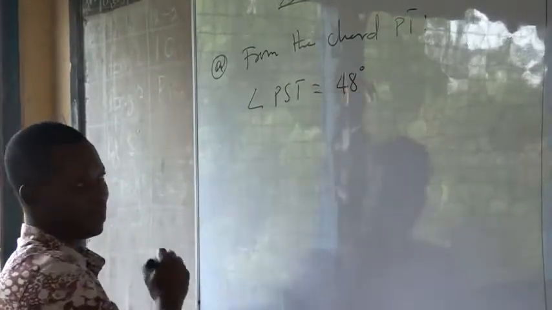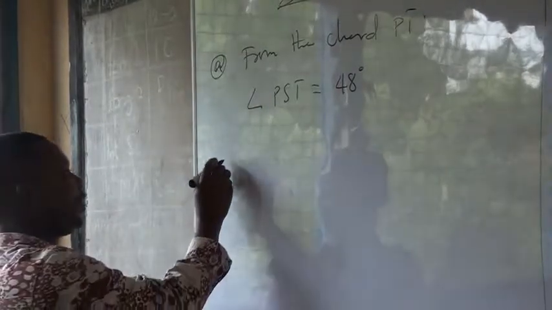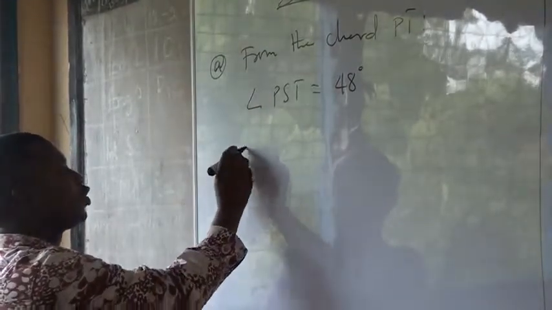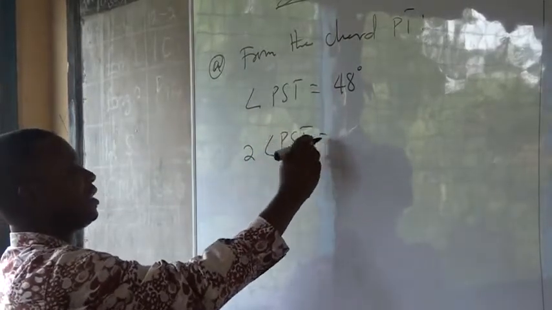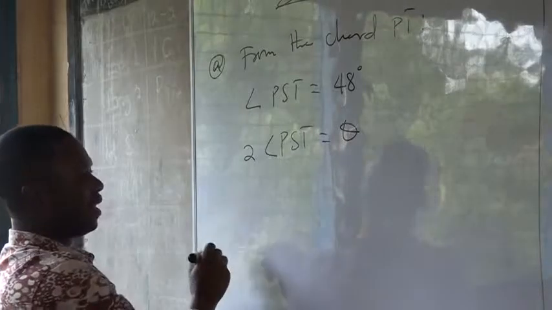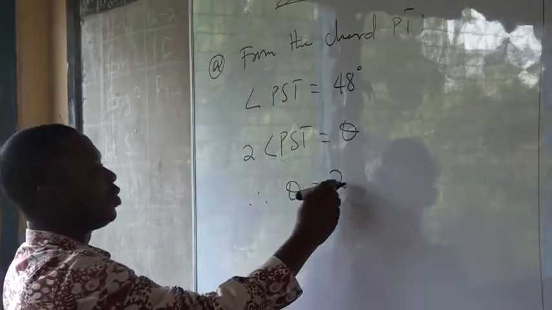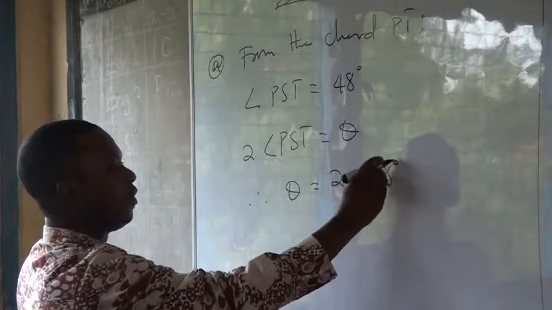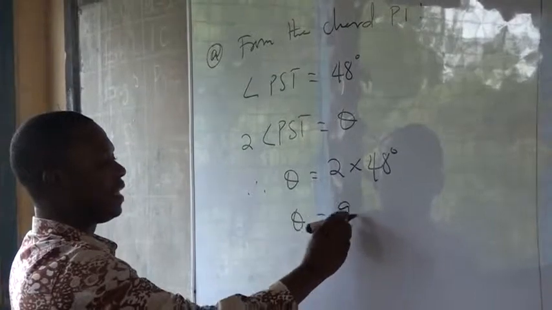Agreed? Agreed. And it also follows that 2 times angle PST is equal to theta. Therefore, theta is equal to 2 times 48 degrees. Theta is equal to 96 degrees.